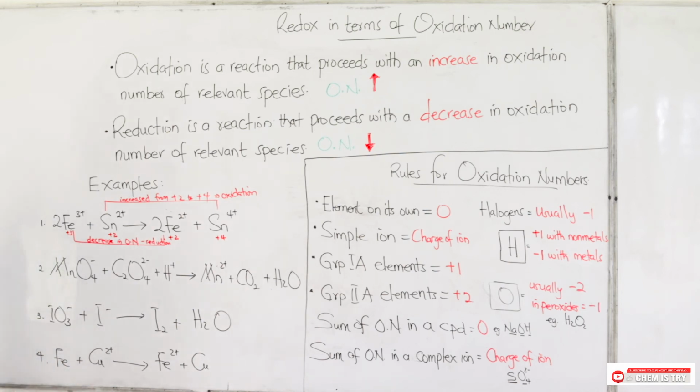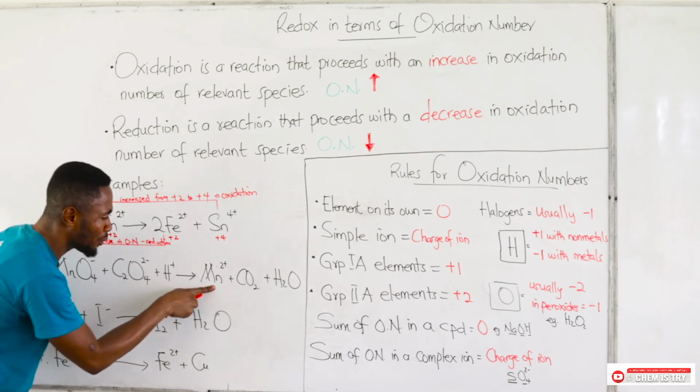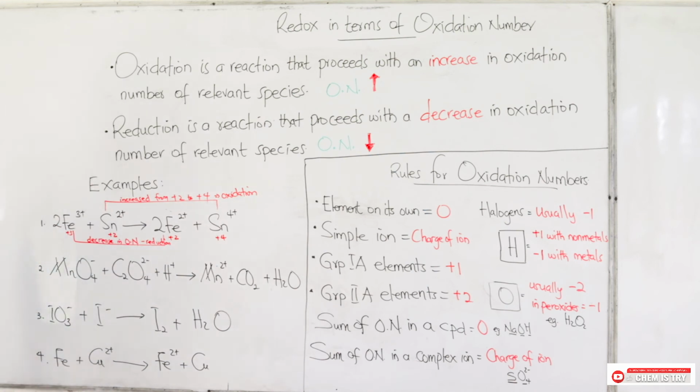Let's look at the next example. In the next example, we have a complex ion, a complex ion, a simple ion, a simple ion, a compound, a compound. We need to calculate the oxidation number of each available species over there. So let's go. Now, we all know oxygen is -2. And we have 4 of the oxygen. So -2, -2, -2, -2.